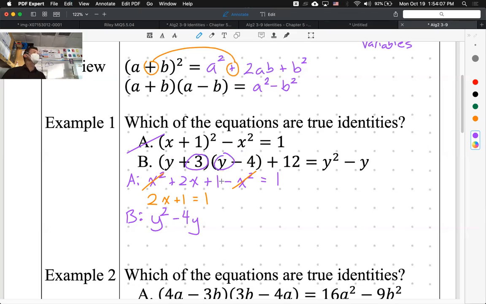So y times 3. 3y. And then I'm going to do last. 3 times -4. -12. I'm going to copy down the rest of the equation. So equals y squared minus y equals y squared minus y. Oh, I forgot the plus 12, didn't I? Sorry. Plus 12. I have to copy down this plus 12 equals y squared minus y. Give yourself the extra credit point if you found that before me.